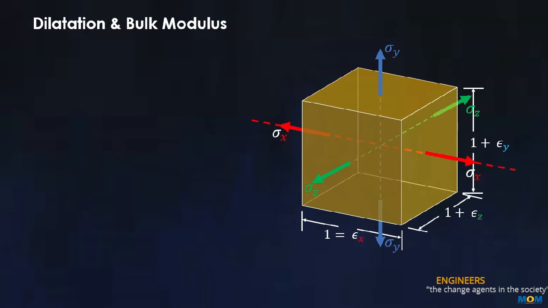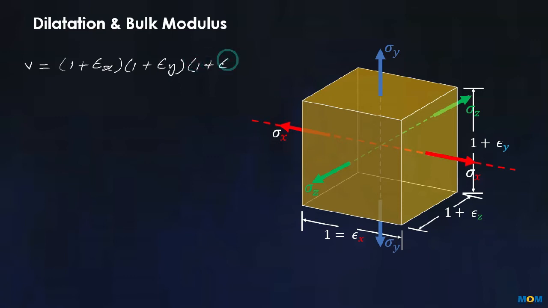Now we will discuss the dilatation and the bulk modulus. Due to the effect of normal stresses sigma x, sigma y and sigma z, the cubic element will deform into a rectangular parallelepiped. Consequently, the deformed volume V is the product of 1 plus epsilon x, 1 plus epsilon y and 1 plus epsilon z.